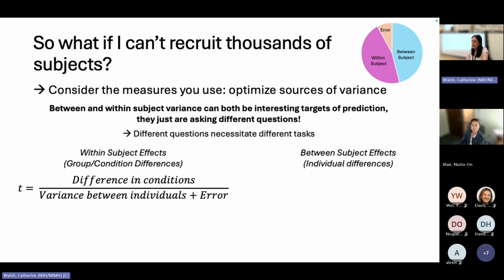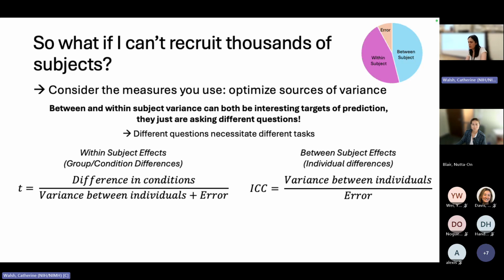If we want to measure things like between subjects effects, so things like individual differences, we might use a measure like the interclass correlation, the ICC. So in this case, what we care about is the variance between individuals over the error.